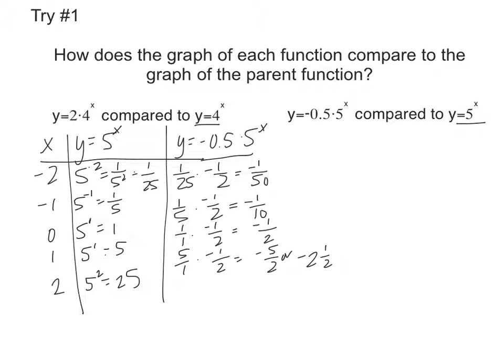And the last one, 25 over 1 times negative 1 over 2 is going to be negative 25 over 2, or negative 12 and 1/2. Okay, then we're going to graph. Once again, this is going to be a very kind of sketchy graph.